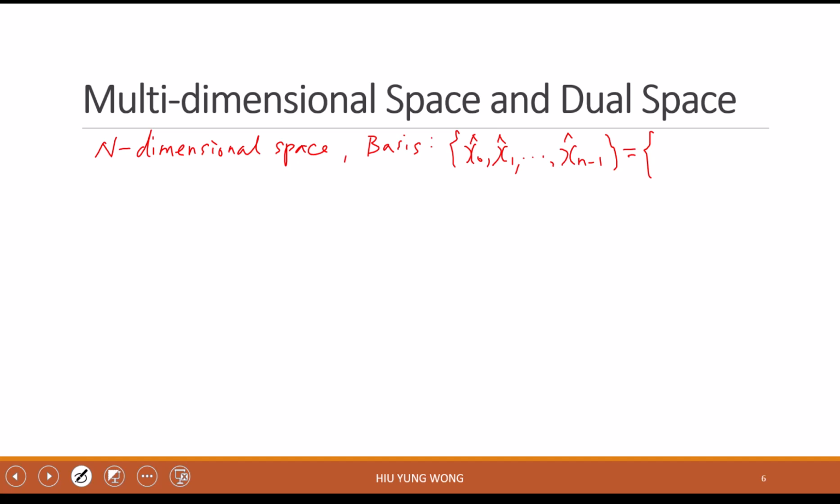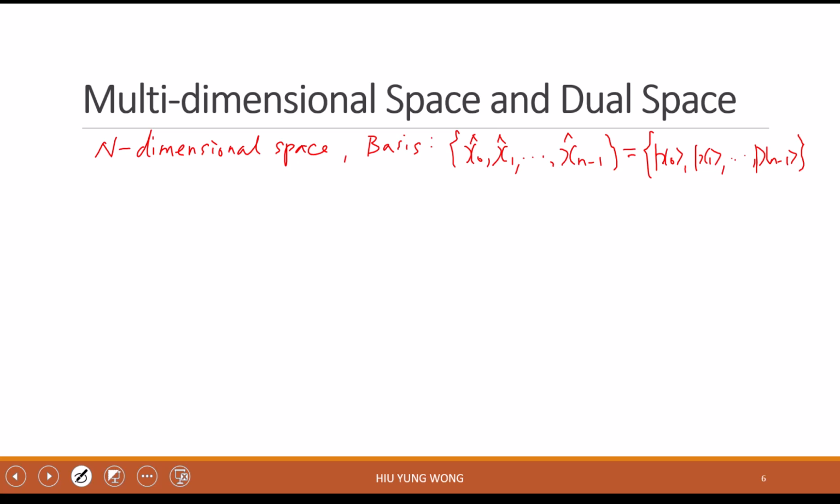I can write this as x0, x1 in the ket because these are just vectors. So I can write it like this. This is a set, with curly braces, right? A set of vectors, n dimensions.